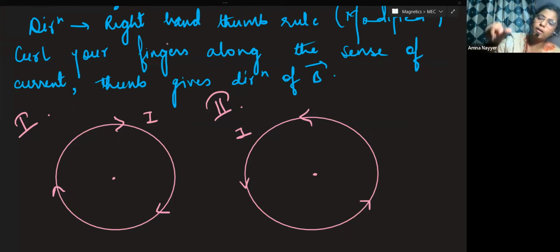This will be clockwise. This will be anti-clockwise. Wherever the thumb points, outwards or inwards, note it. Now try, Fatima. If you're still not able to do that, unmute and ask me which part you're not able to understand. I'll repeat again. Don't worry, directions become confusing.